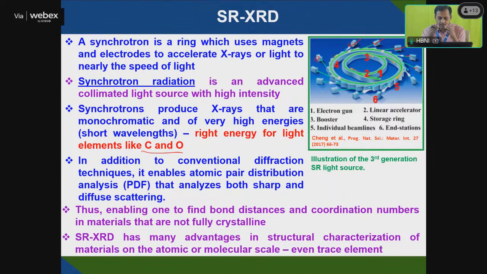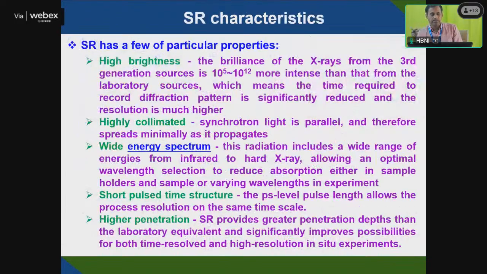You are able to get how the electron density is distributed among the molecule or crystal, enabling you to find bond distances and coordination numbers. The advantage is structural characterization of many materials at atomic and molecular level, even at trace level. In addition, you can combine other techniques with XRD, so simultaneously you can get multiple information.